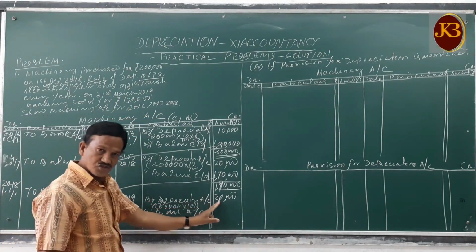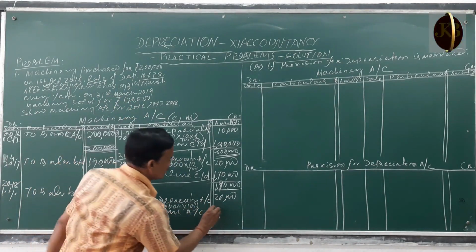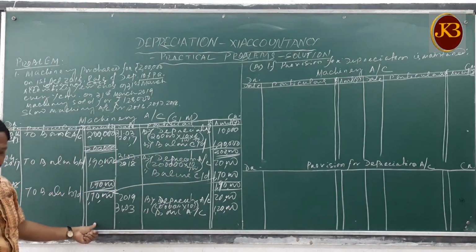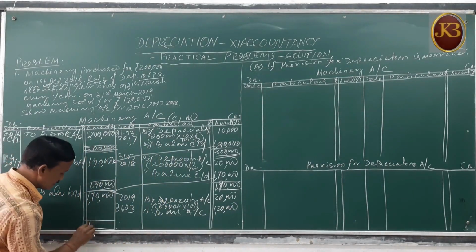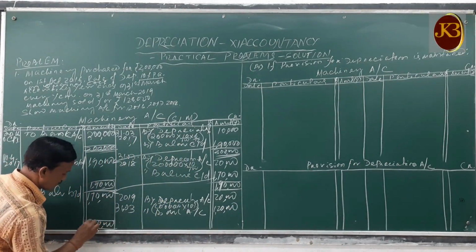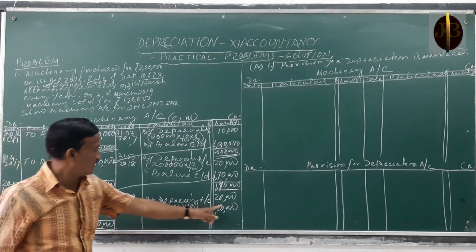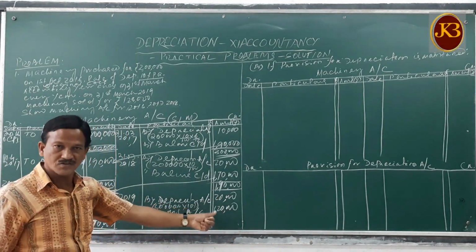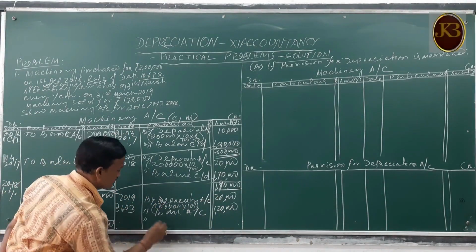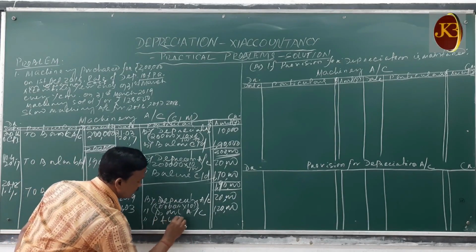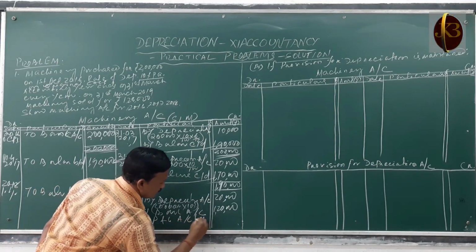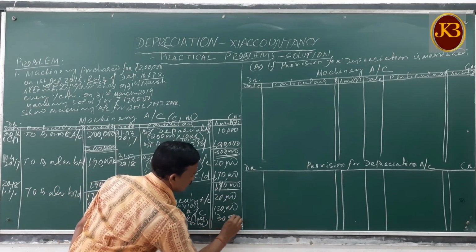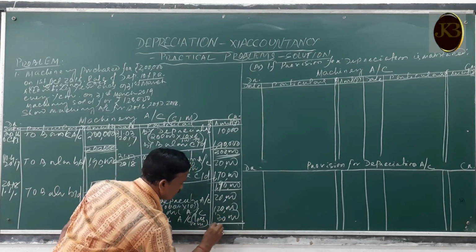So there is the depreciation charge, then machinery sold 1,20,000. The total debit side is 1,70,000, but here 1,20,000 plus 20,000 is 1,40,000. So 30,000 is a loss, a shortage. That is loss on sale, transferred to profit and loss account: 30,000.